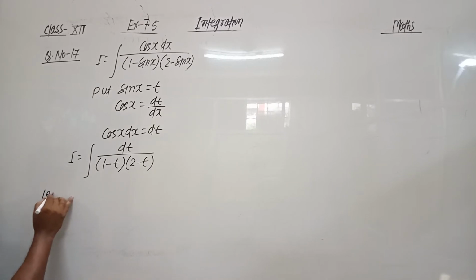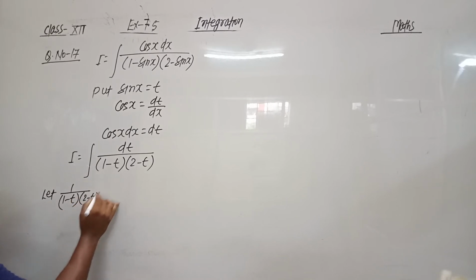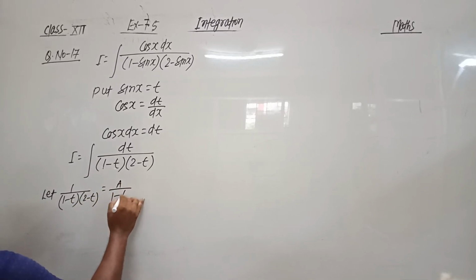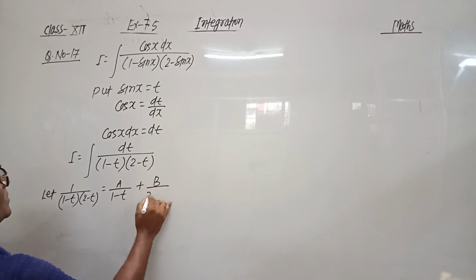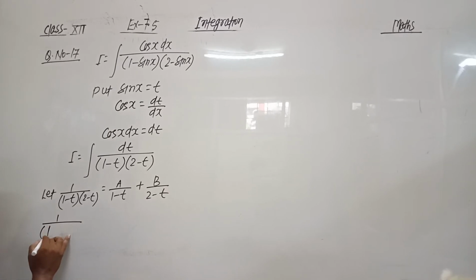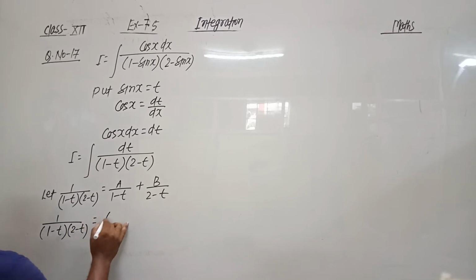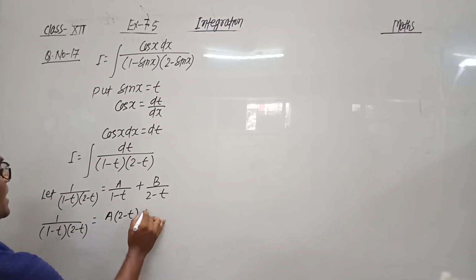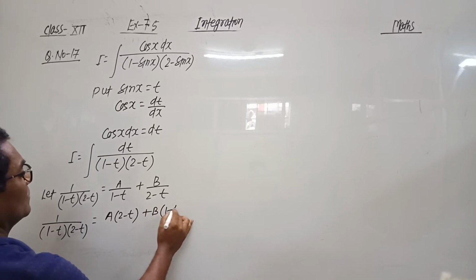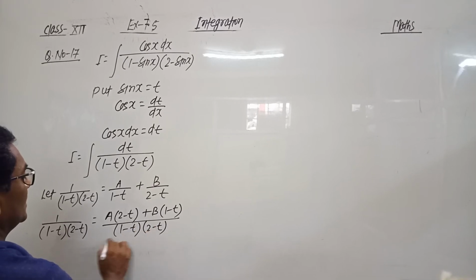Now let 1 upon 1 minus t into 2 minus t equals a upon 1 minus t plus b upon 2 minus t. We can write this in partial fractions. So 1 upon 1 minus t into 2 minus t equals a into 2 minus t plus b into 1 minus t upon 1 minus t and 2 minus t.